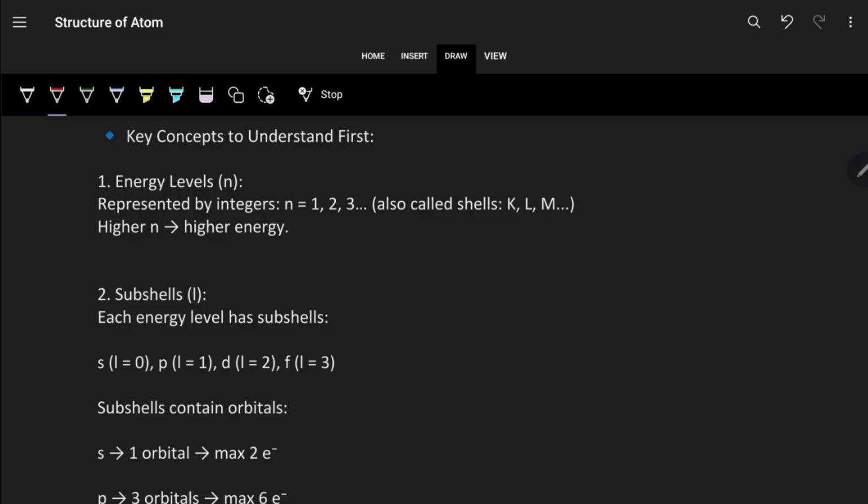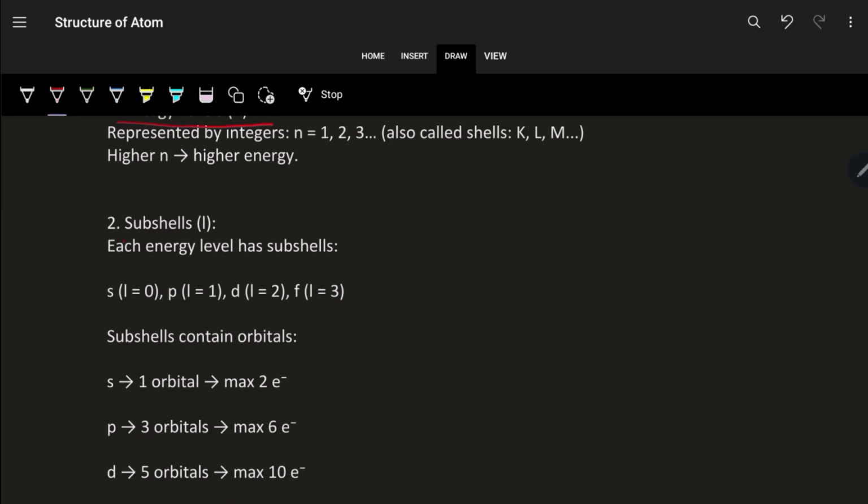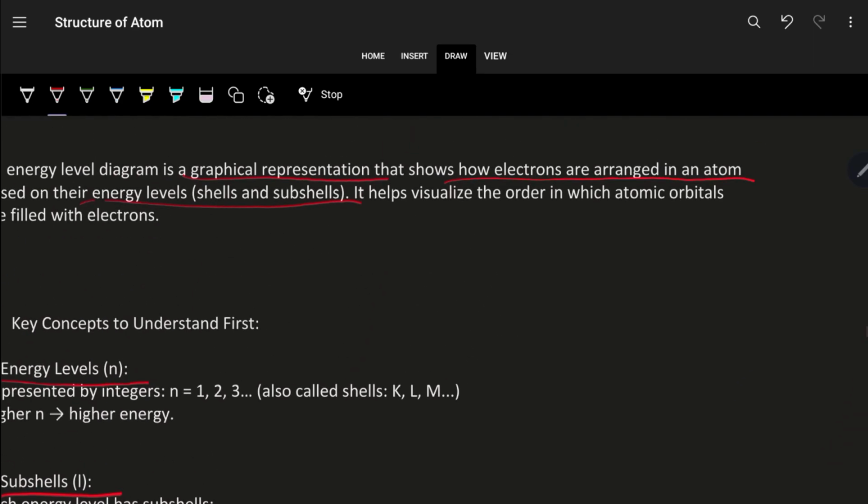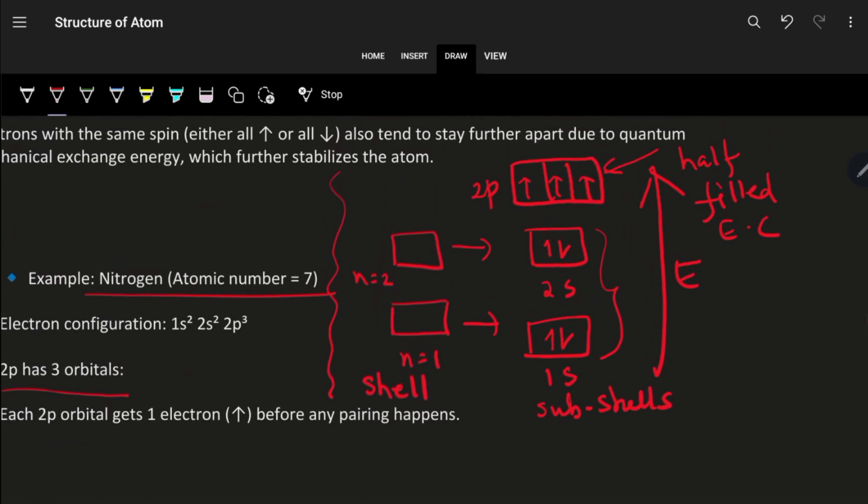Now, how to fill? First, see the energy level, n. You have to fill from lower to higher energy. See the subshell l. That is how I had worked out. n is equal to 2 can have l values 0 and 1, s and p.